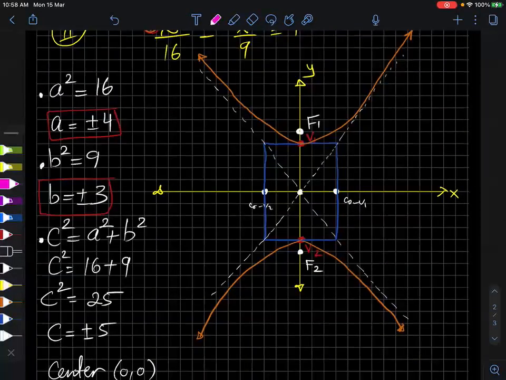So if we'd like to determine the slope of this dashed line, how do we determine it? Rise over run. I will rise up here b units and move to the right a units. So it's a over b.